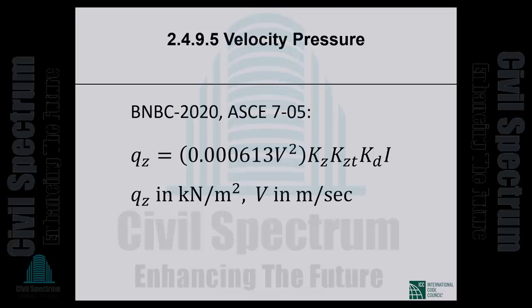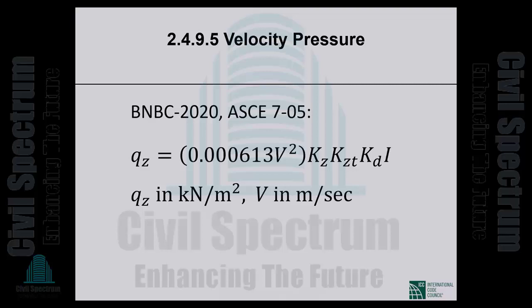q sub z is a constant 0.00613 times V squared, that is the wind velocity squared, and that velocity has to be defined, and there is quite a bit of complexity to it.